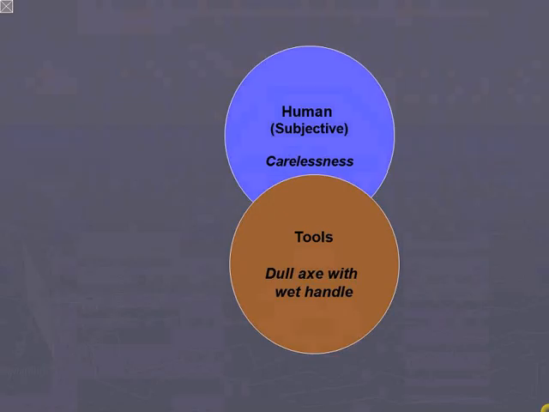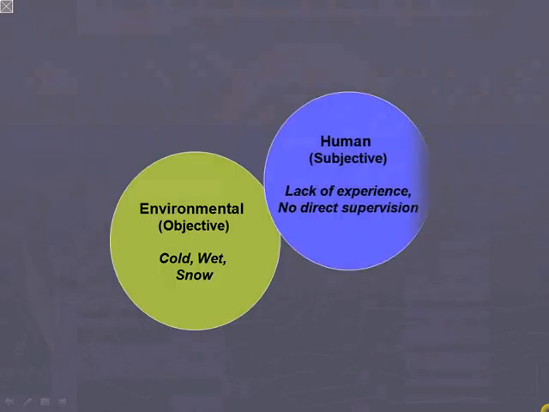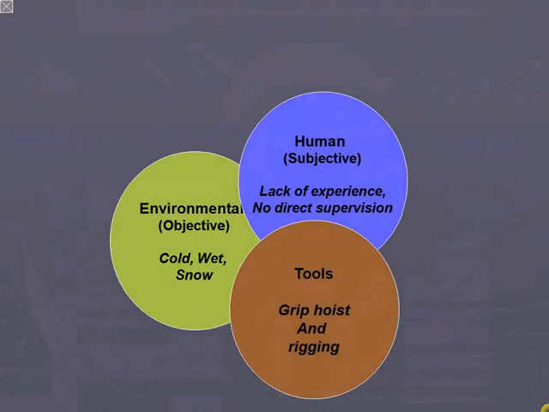Similarly, if you combine a human hazard with a tool hazard, such as a dog, you have an increased amount of risk in the center area where they overlap. Finally, you have all three types of hazards.